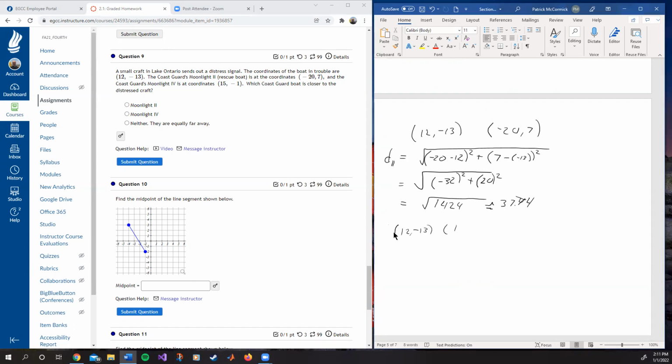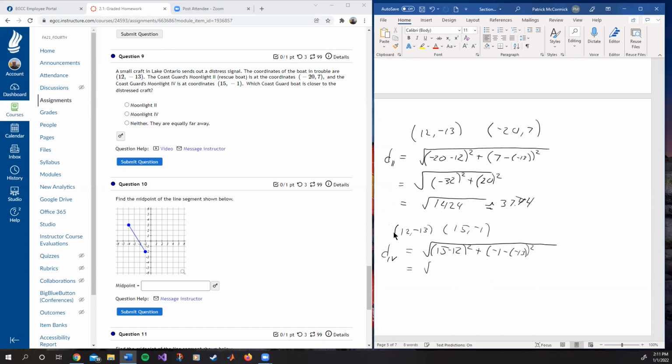And my other point is 15, comma, negative 1. So we're going to do the same thing. So we'll call this distance D4 for the other boat. So 15 minus 12 squared plus negative 1 minus a negative 13 squared.